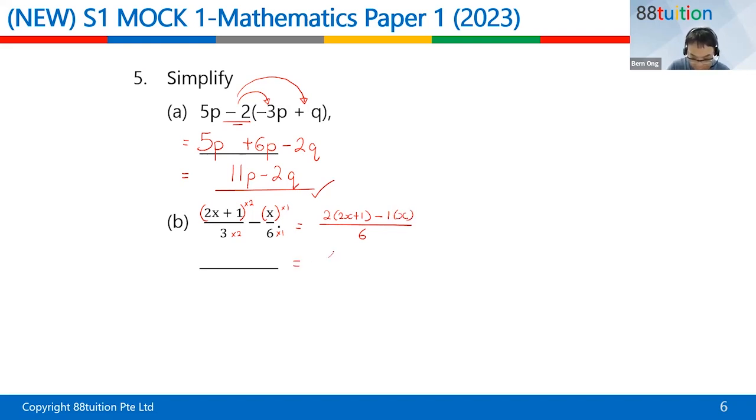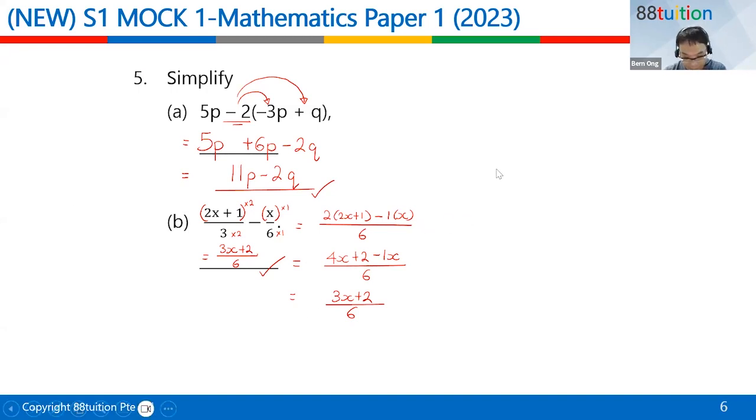Eventually, you expand. 2 times 2 will be 4x. 2 times 1 will be 2. Minus 1 times x is minus 1x, over 6. Same thing. 4x minus 1x is 3x. The 2, leave it alone. The 6 is below. And this is your answer. Don't disturb it. This is the best that you can simplify already. Okay, not too tough. Question 5, done.